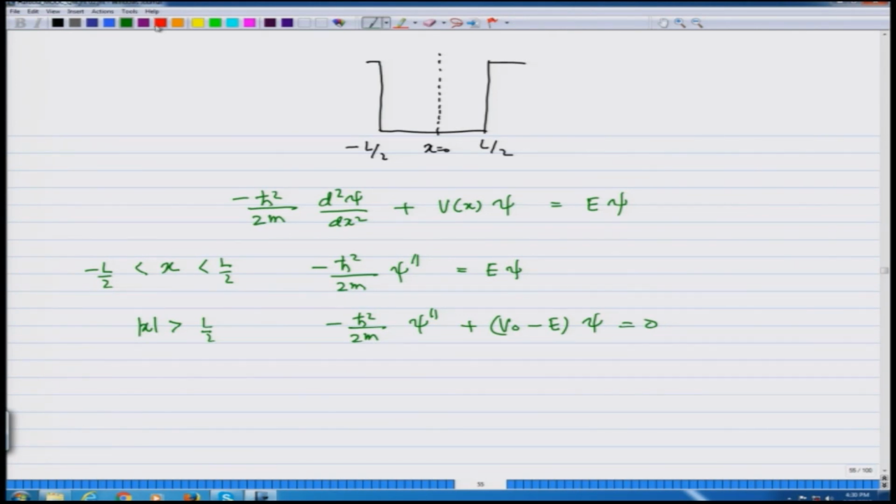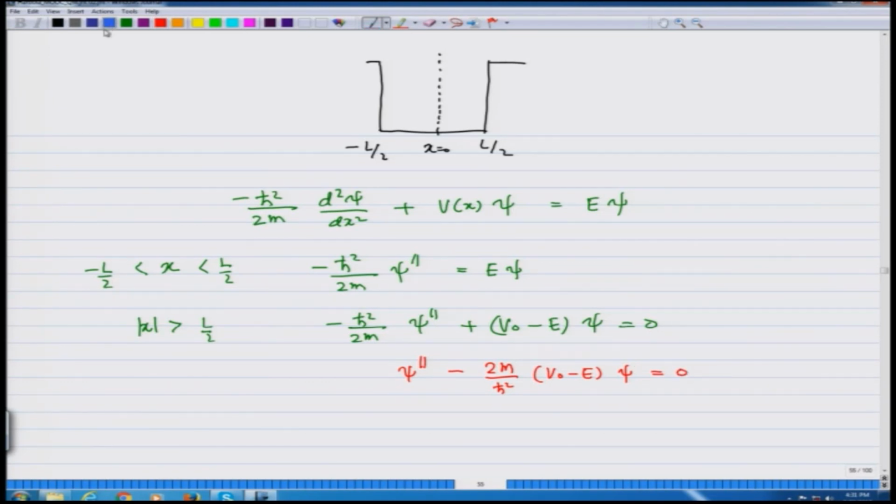I can write the second equation by changing the sign as psi double prime minus 2 m over h cross square V 0 minus E psi equals 0.